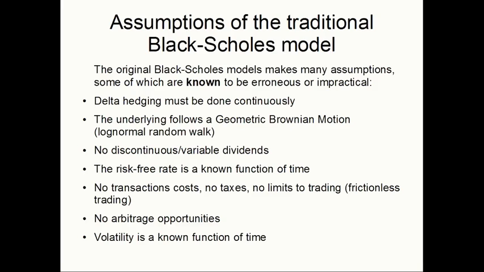Fourth, the risk-free rate is a known function of time. Fifth, there are no transaction costs, no taxes, no limits to trading. In other words, there is frictionless trading. Sixth, there are no arbitrage opportunities. And seventh, the volatility of the underlying is a known function of time.